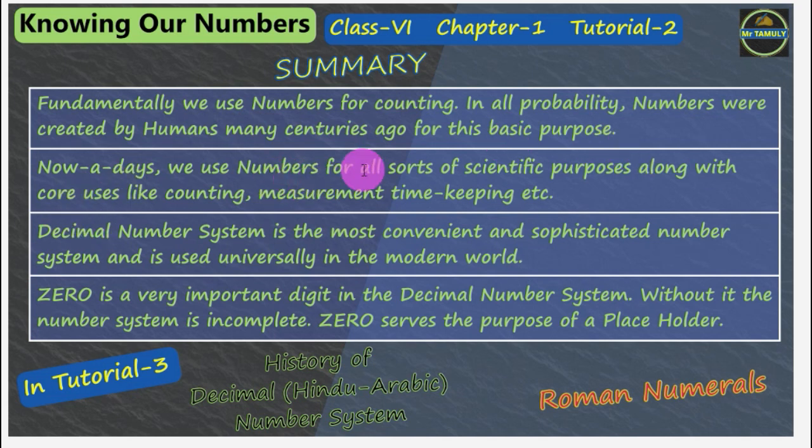Nowadays, we use numbers for all sorts of scientific purposes, along with core uses like counting, measurement, timekeeping, etc. Decimal number system is the most convenient and most sophisticated number system and is used universally in the modern world. 0 is a very important digit in the decimal number system. Without it, the number system is incomplete. 0 serves the purpose of a placeholder.